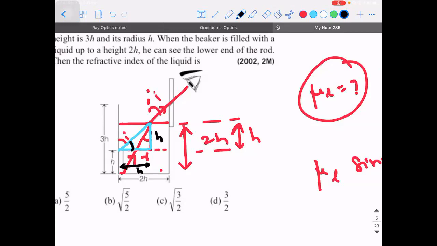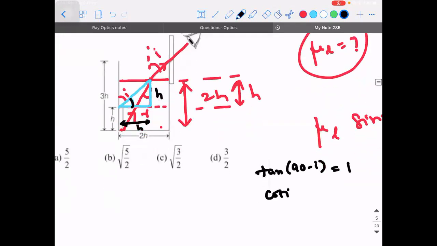So tan of 90 minus I should be equal to 1, so cot, sir. Yes, I should be 45 degrees.